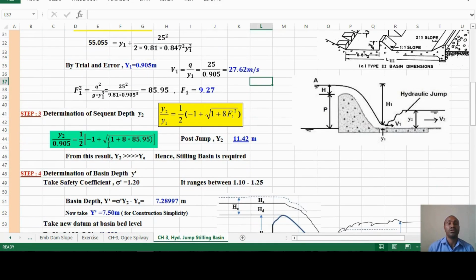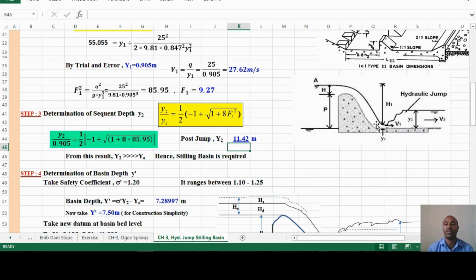For the determination of sequent depth, you substitute to get y2, the post-jump depth, using this equation. You get 11.42 meter. From this result, the sequent depth, or post-jump depth, is very much larger than the normal flow depth. Hence the stilling basin is required.